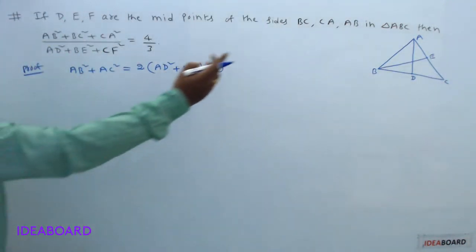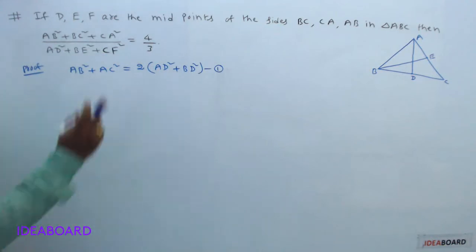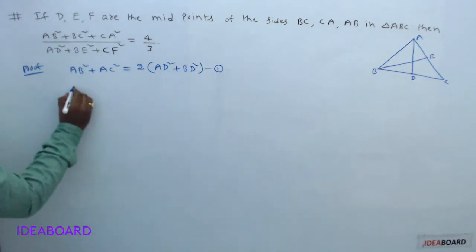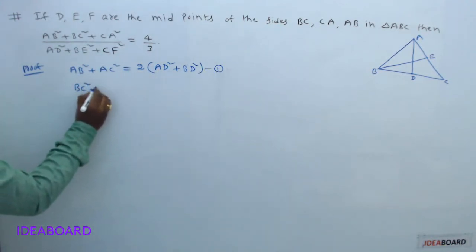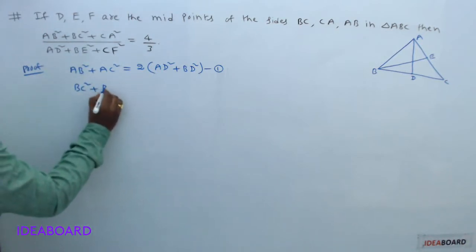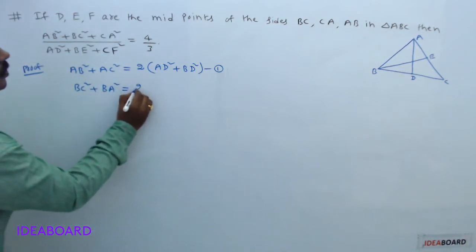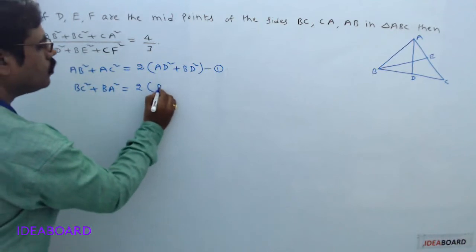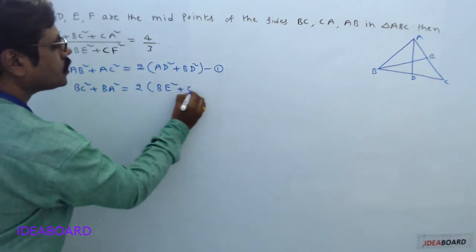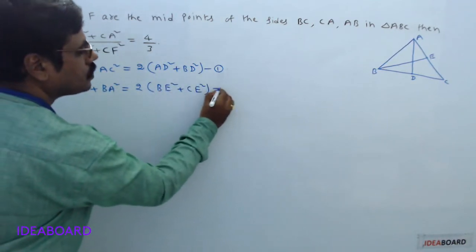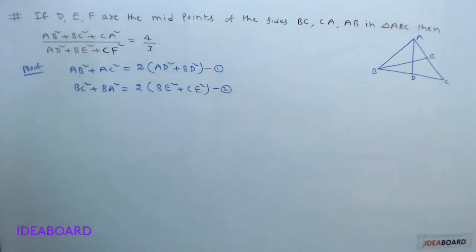Now from Apollonius theorem, if E is the midpoint of the side AC, then BC square plus BA square equals 2 into (BE square plus CE square). Call it equation 2.